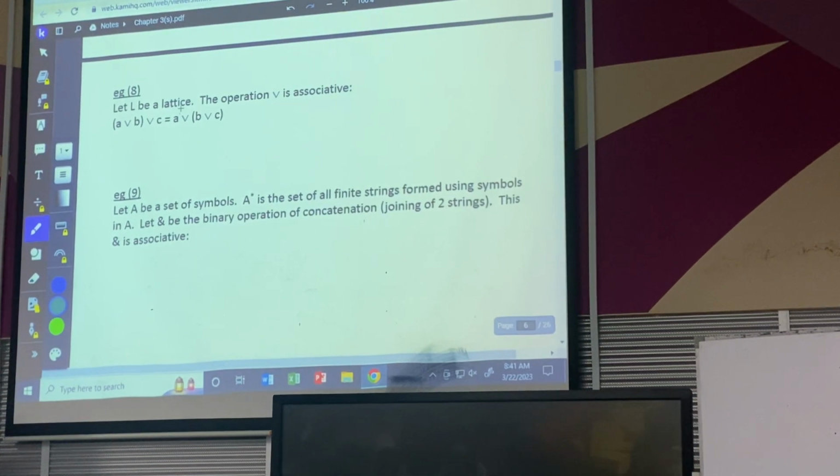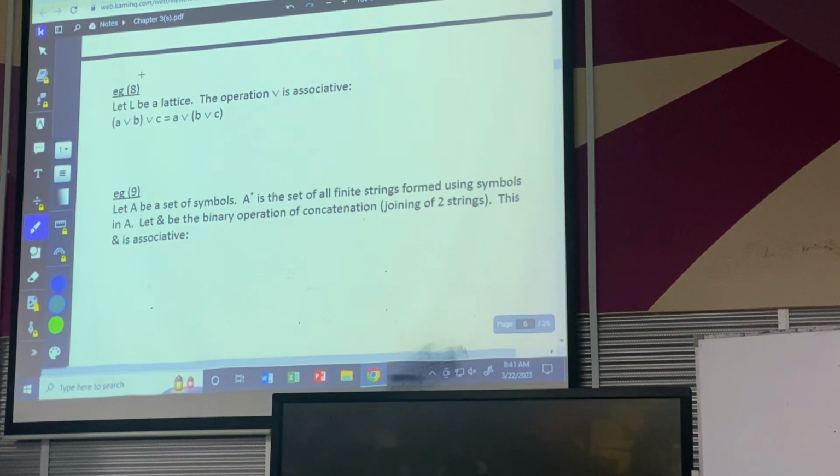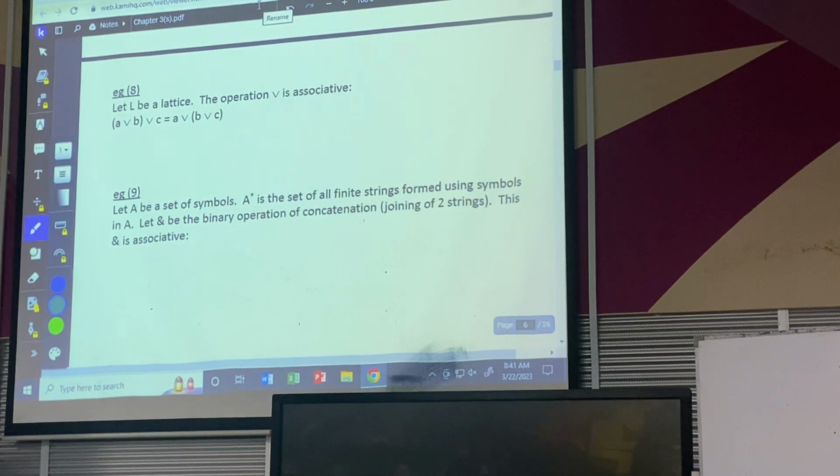Anyone know what is a lattice? Now, lattice means, you have learned the partially ordered set before, right? Hasse diagram. Remember? Okay.